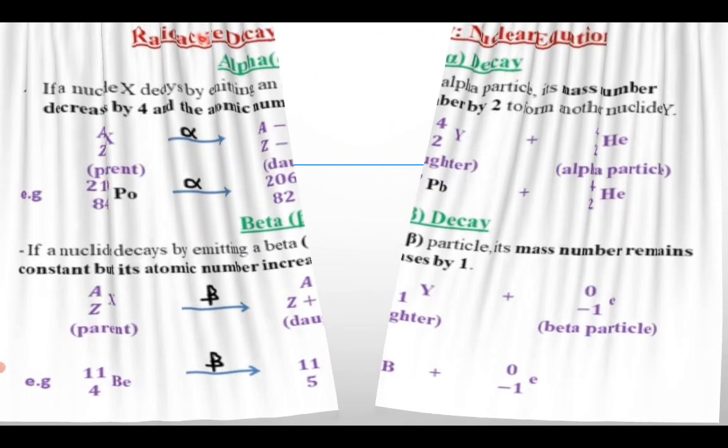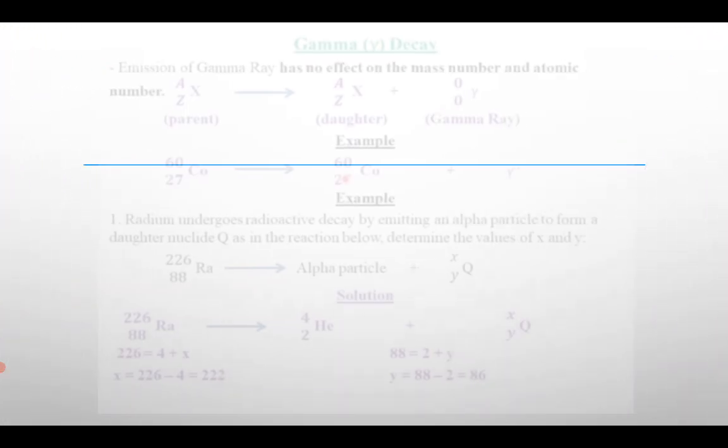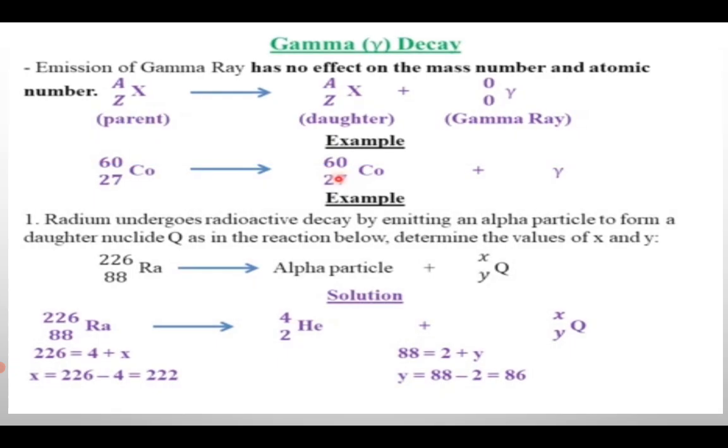All right, let's look at what happens when a nuclide emits gamma radiation only. Remember that gamma is a pure radiation. It belongs to a band of other radiations which is called the electromagnetic spectrum. It's pure radiation, it's not a particle.